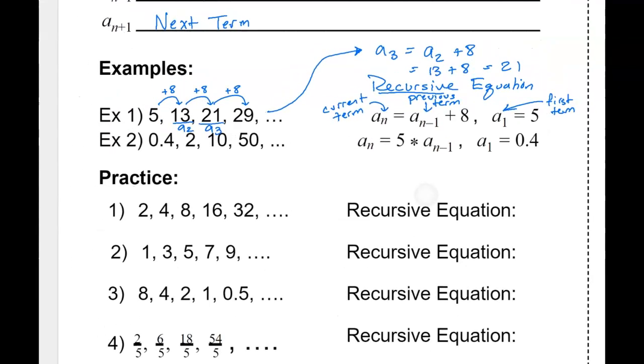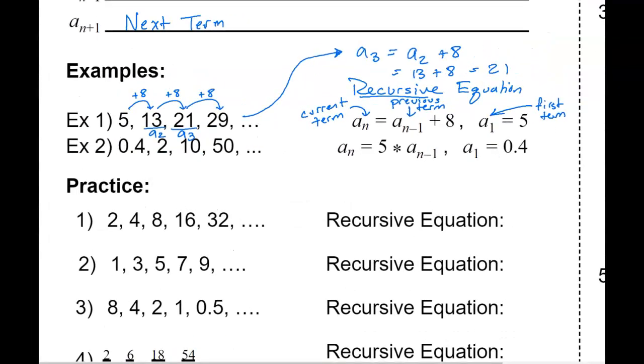So let's try it again. We have 0.4, comma 2, comma 10, comma 50. What is happening here? What pattern do you recognize? You're multiplying by 5 times 5 times 5 times 5.